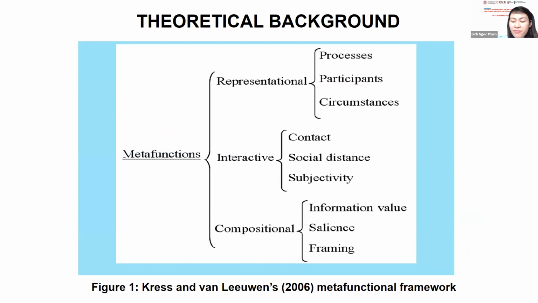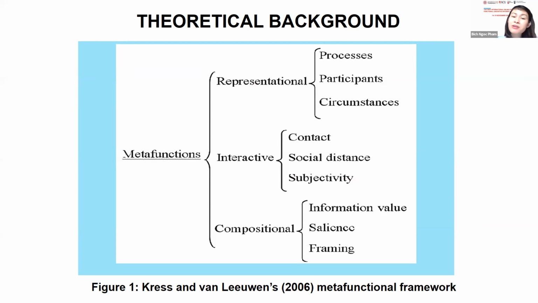This study will adopt the theories of visual images proposed by Kress and Van Leeuwen in 2006 in their book, Reading Images: The Grammar of Visual Design. In their grammar of visual design developed for the analysis of images, Kress and Van Leeuwen distinguish between three different types of meaning, also called metafunctions, namely representational, interactive, and compositional.